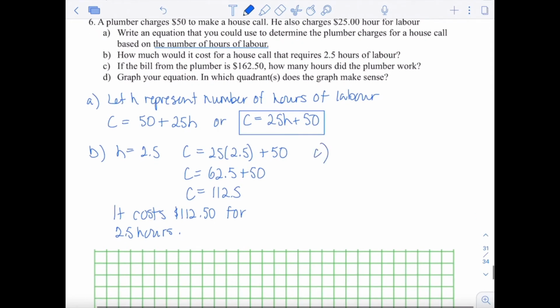If the bill is $162.50, how many hours did the plumber work? Well, now I actually have the cost, and I want to solve for H. So I can just sub C equals 162.5 into my formula.